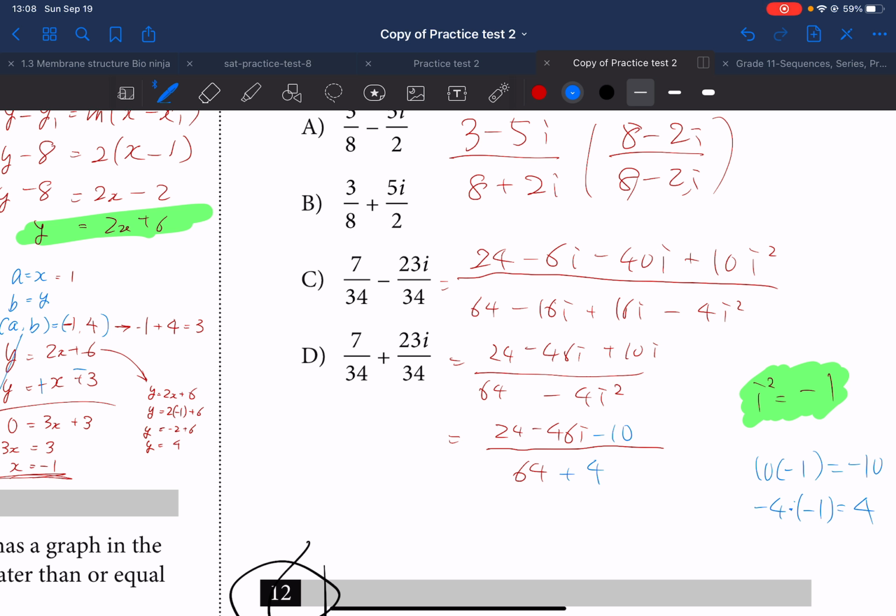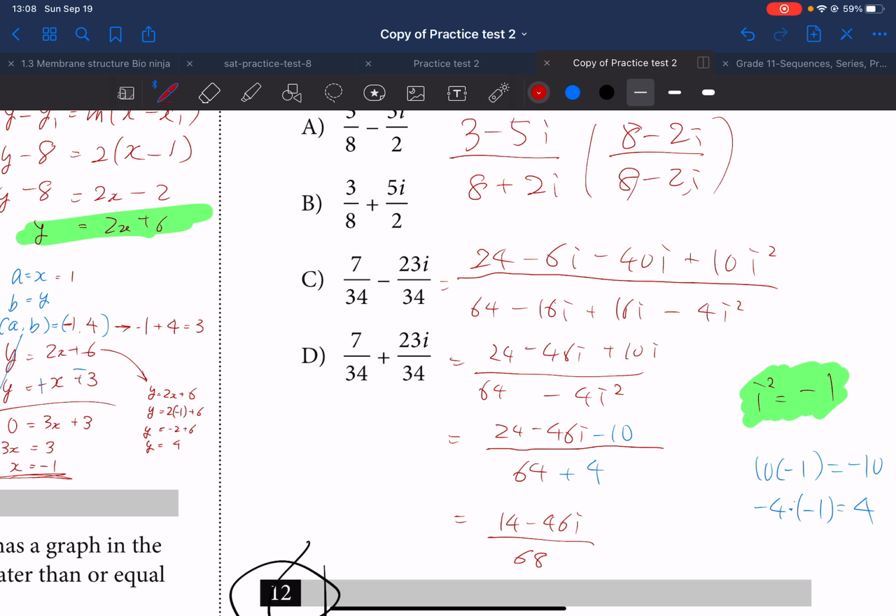So now we can add this. So 24 minus 10 is 14, minus 46i, and then 68.